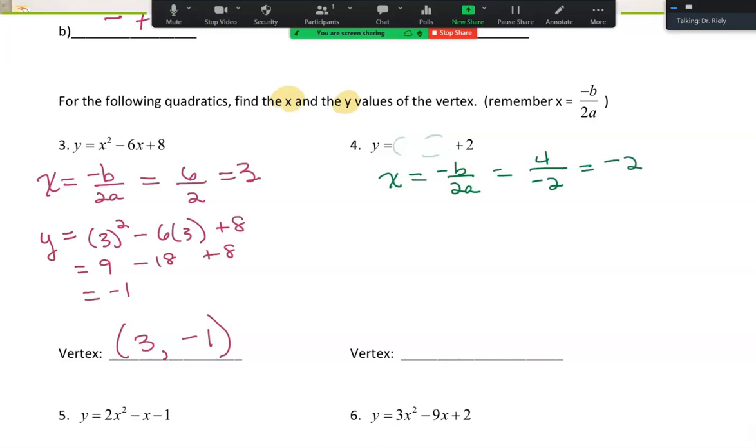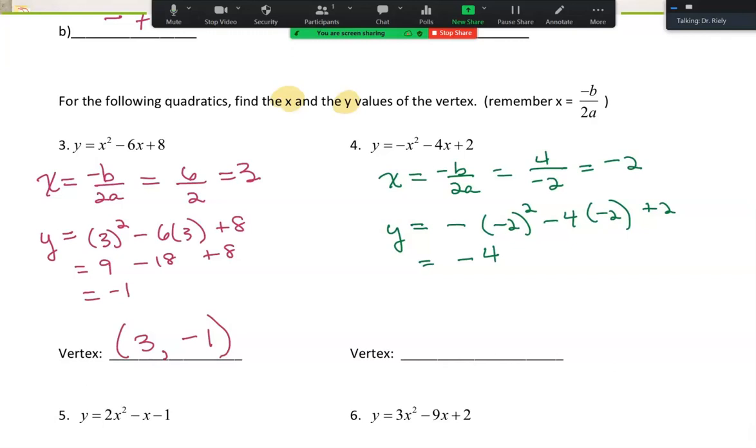So let me erase these things, and we want to find the y. So y equals negative parentheses, negative 2 squared, minus 4 parentheses, negative 2, plus 2. Negative 2 squared is positive 4, so I have a negative from the front and then a positive 4.